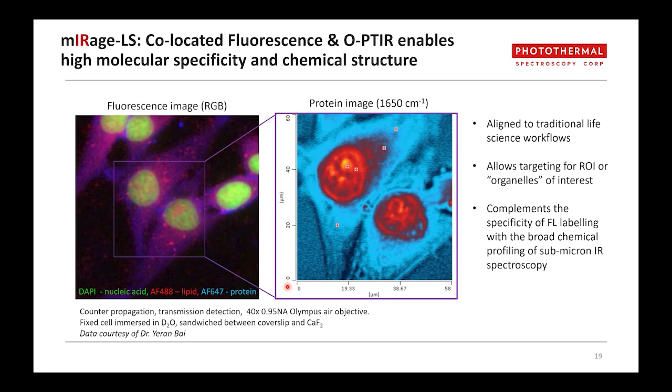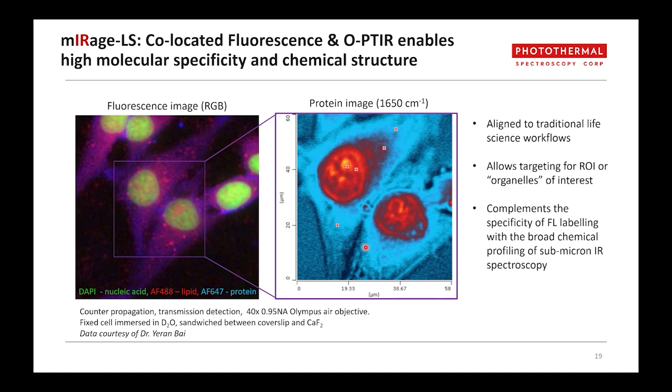So you can now label your samples if you need to. You can highlight particular regions of interest and then go in there with the infrared spectroscopy to give you the chemical characterization that fluorescence sometimes lacks. So it's really the best of fluorescence specificity, coupled with the best of infrared spectroscopy, which gives you that broad chemical profiling.